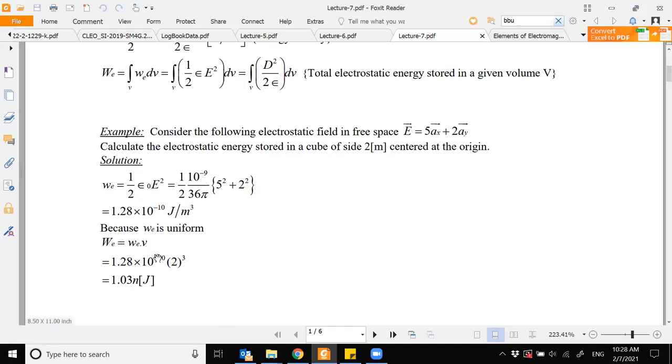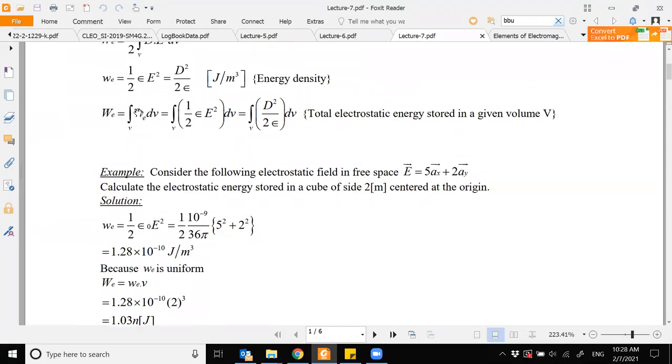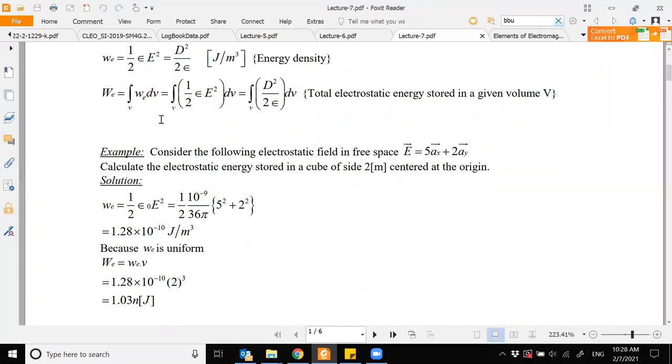Now, what will be the energy enclosed by a cube of 2 meters? It is integral over the volume of w_E dV. Now, our small w_E is a constant, so you can simply take it outside. Your capital W_E will be small w_E times integral over the volume dV.